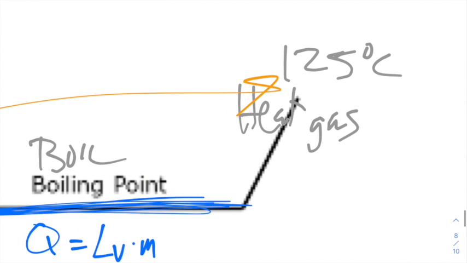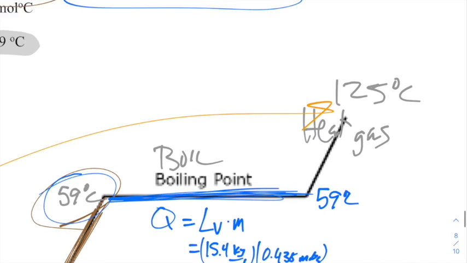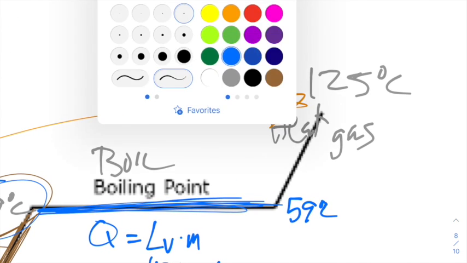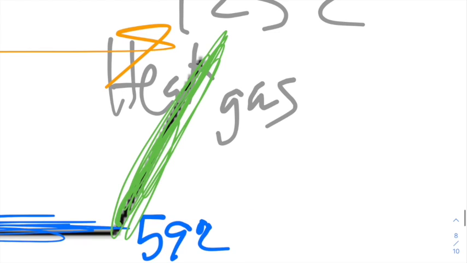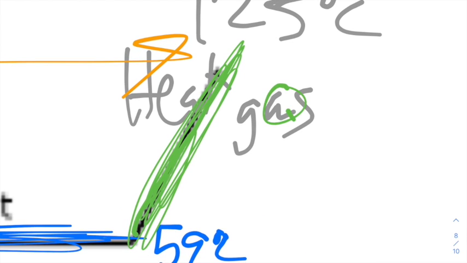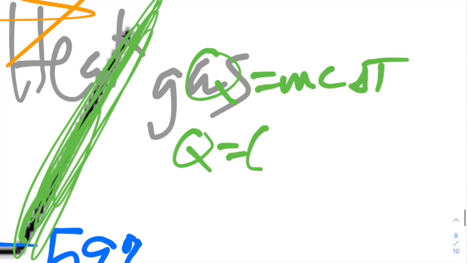And then finally, we are starting here at 59 degrees Celsius, because again, that's where this stuff boils. And I want to get up to 125 up here. So my last step up here is back to a temperature change problem. So this is going to be Q equals MC delta T. So Q is going to be equal to my 0.438.